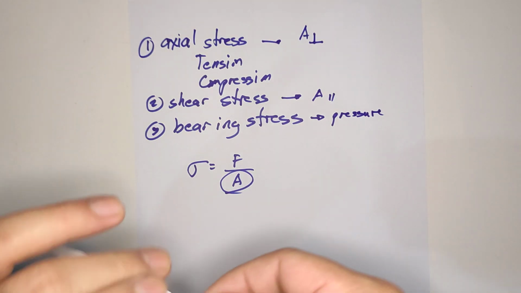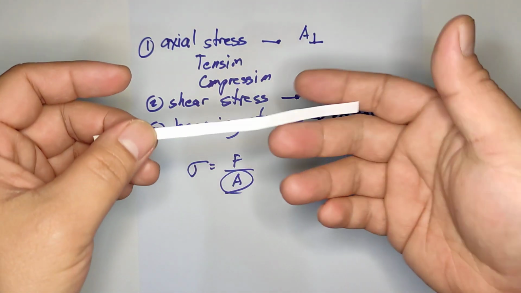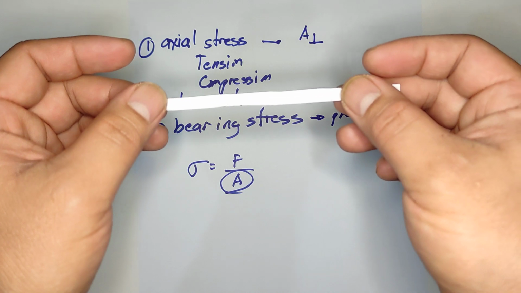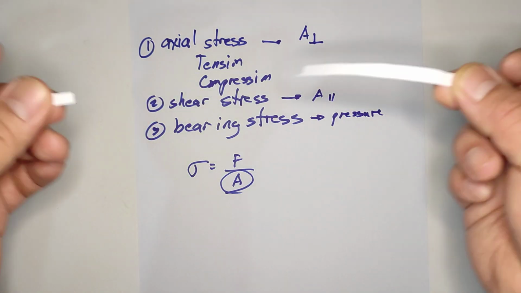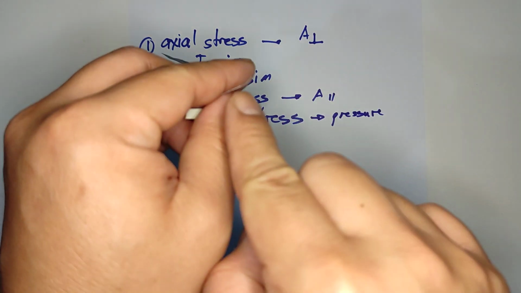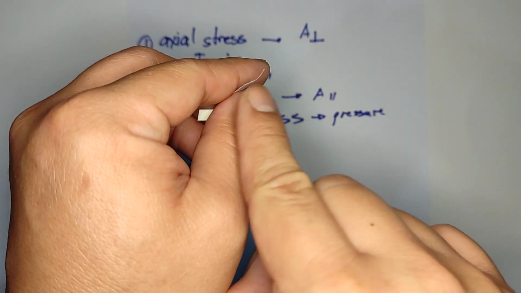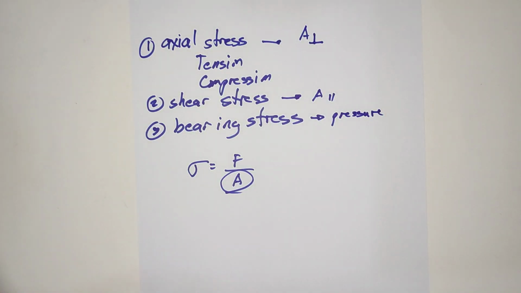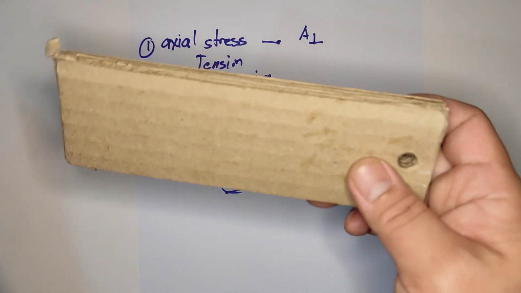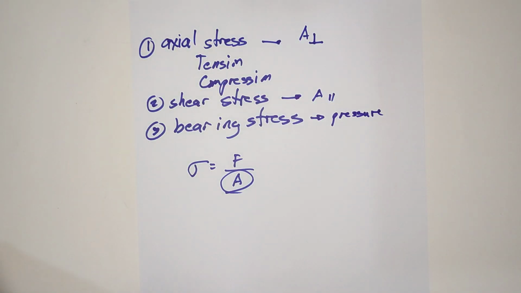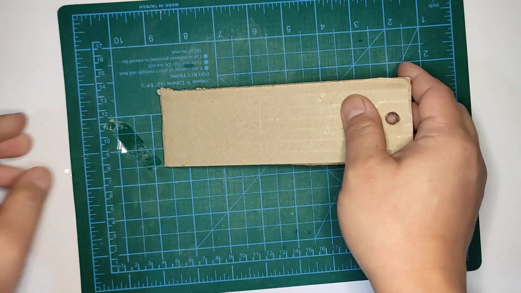For example, I have here a paper. So that is a shear stress. That is an axial stress. Okay, the area, if I explode that one, that's the paper, the area that I'm dealing with is this one.